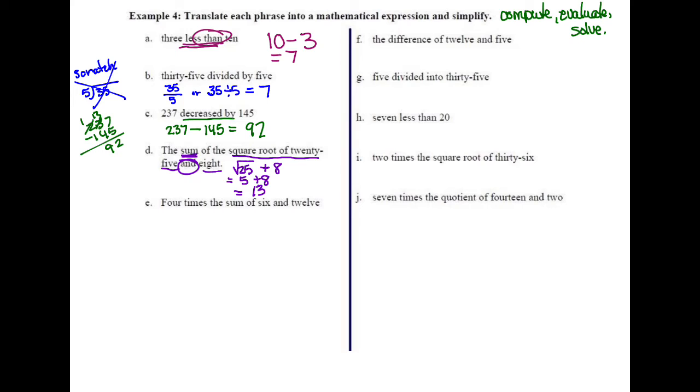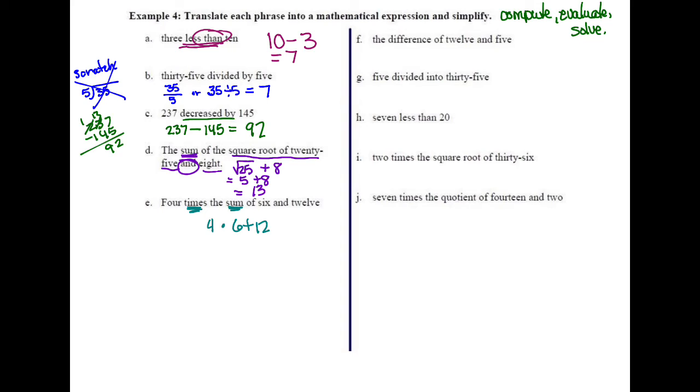And the last one here, 4 times, so that's multiply. The sum is add. So 4 times these two numbers added together. This is where you get a little bit more complicated. So these two numbers added together, we're going to go 6 plus 12. But now we want 4 times that. If I go 4 times this, that means we're going to do 4 times 6 and then add 12 later.